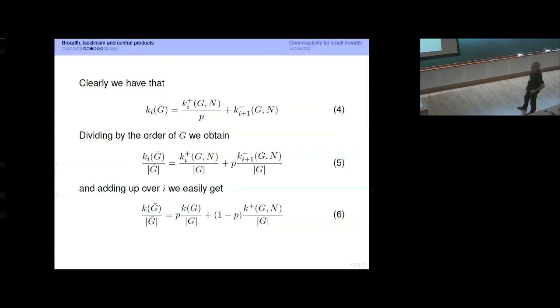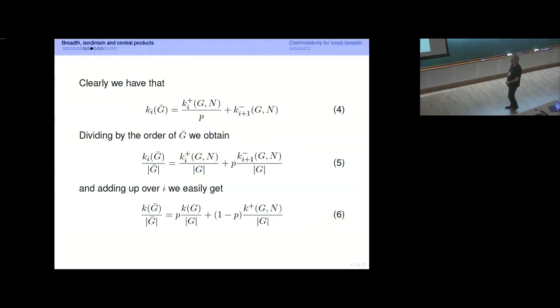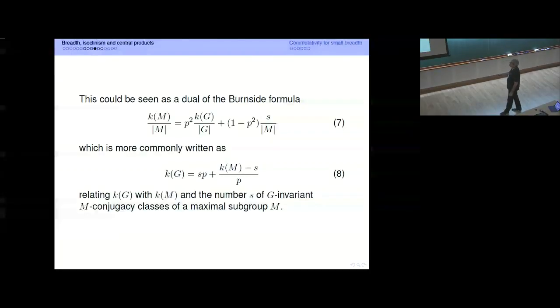Adding up over i those expressions, well, on the left you get the commutativity of G bar, expressed in terms of the commutativity of G and of the number of invariant conjugacy classes of G. Now, this expression looks a bit like, let's go to the next one, one possible expression of a famous formula by Burnside.